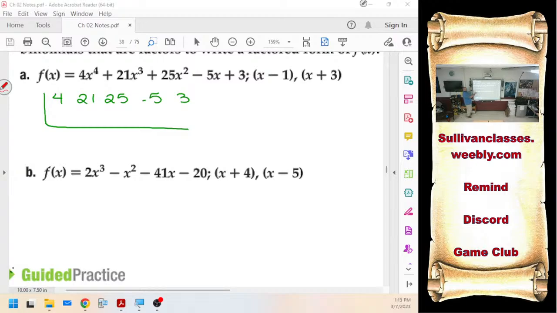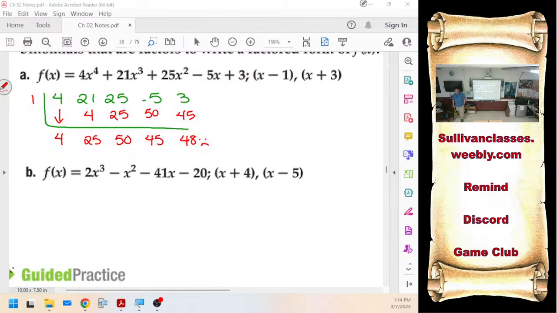I'm going to do synthetic division with a 1. 1 by 4 is 4, add them together. 25 by 1 is 25, add them together. Not looking good. 1 by 50 is 50, add them together. 45 by 1. I didn't get as huge as I thought it would.